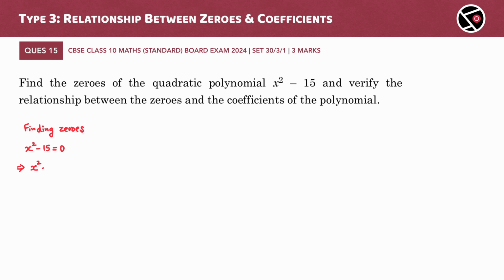X square equals 15, or x equals plus minus square root of 15. Be careful here. Many students forget the negative value. We have two zeros. Alpha equals plus square root 15. Beta equals minus square root 15.